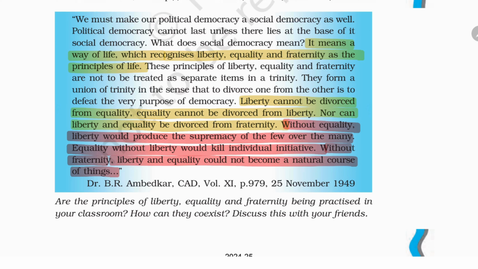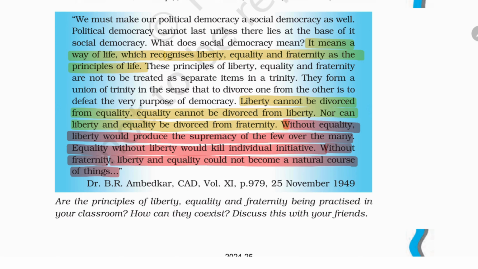These principles of liberty, equality, and fraternity are not to be treated as separate items in a trinity. They form a union of trinity in the sense that to divorce one from the other is to defeat the very purpose of democracy. Liberty cannot be divorced from equality, equality cannot be divorced from liberty, nor can liberty and equality be divorced from fraternity.